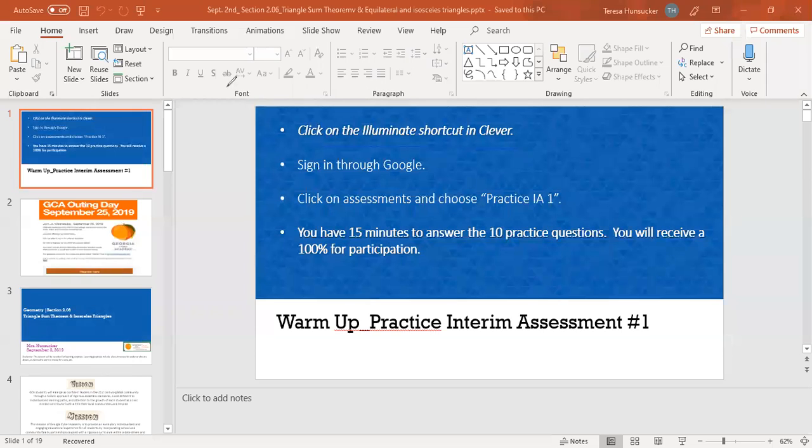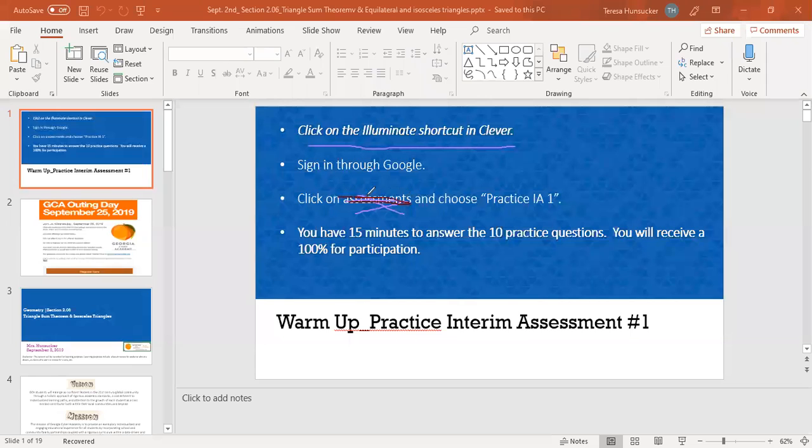Illuminate. Through Clever, okay? And you're signing with Google. You're going to click on the assessments, but it is an assessment, but you're not going to click on assessments. You're going to click on portal.